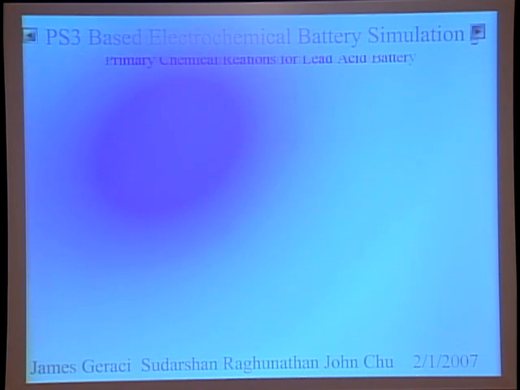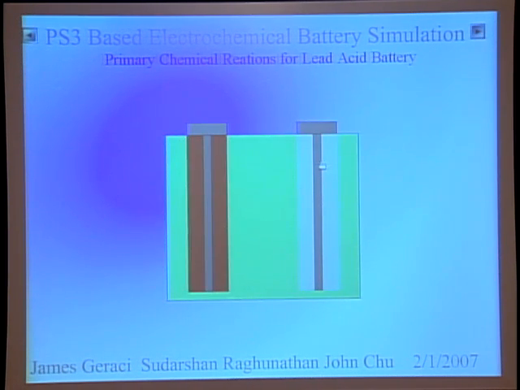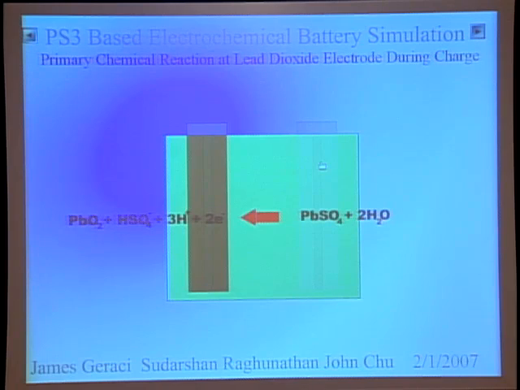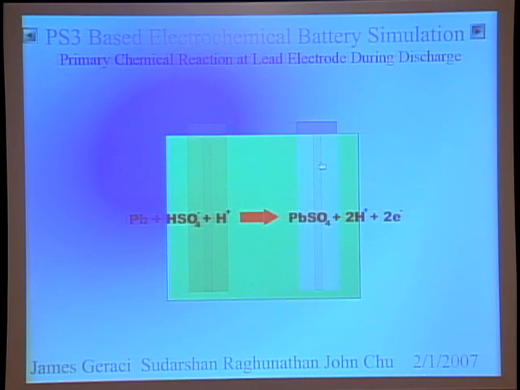The simulation works at a very low physical level, and it simulates the chemical reactions. At the lead dioxide electrode, it converts lead dioxide into lead sulfate during discharge, and reverses it during charge. During discharge, the lead electrode turns lead into lead sulfate, and during recharge, it converts that back.